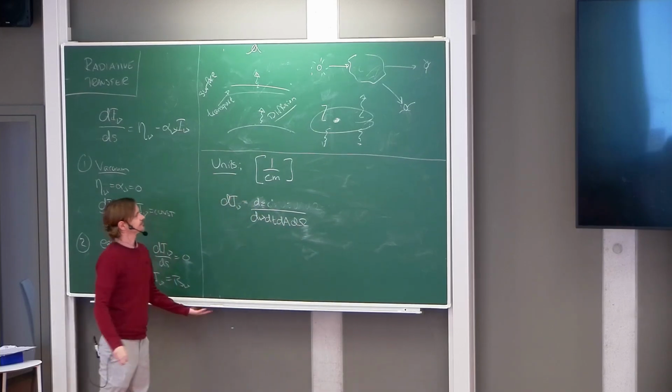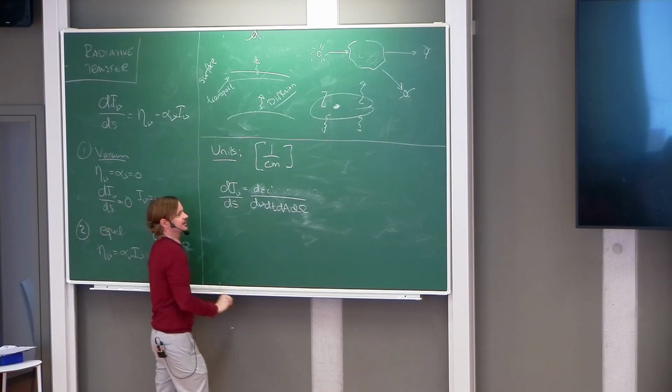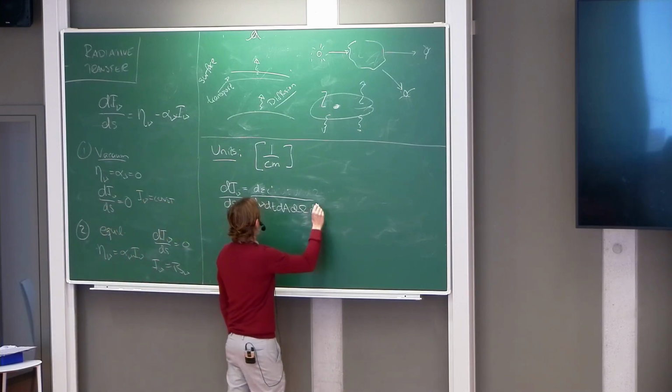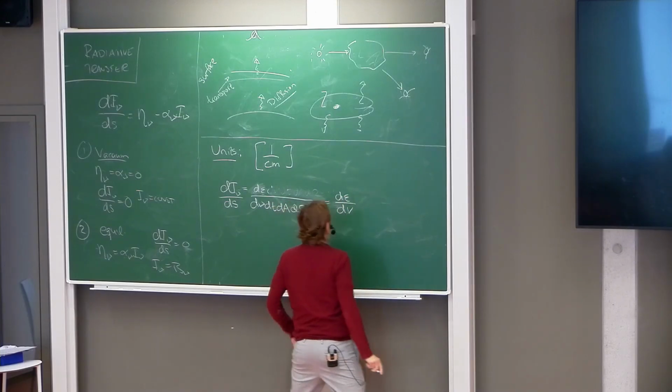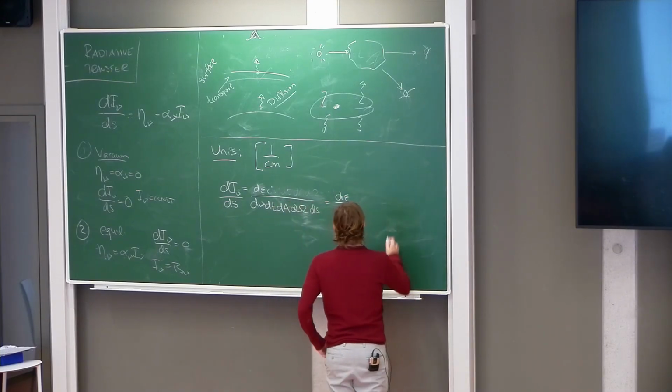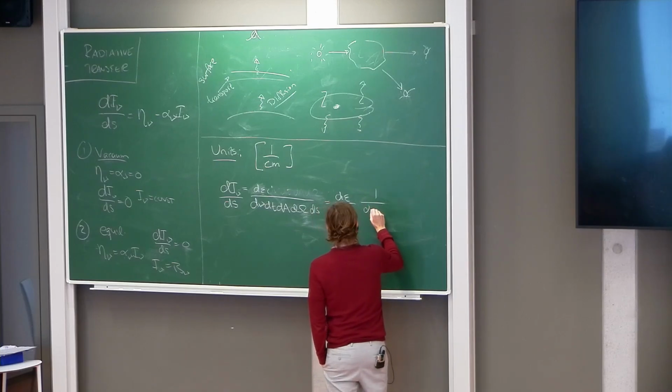Okay? And then, of course, if we take this per unit length, we get a volume down here. So we get something which is the energy per unit volume and then per unit time, frequency, solid angle.